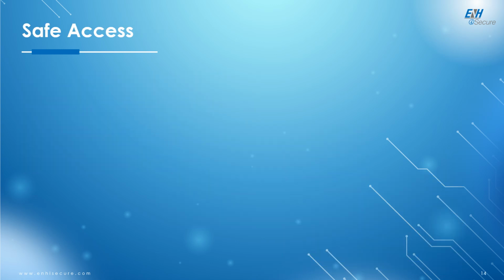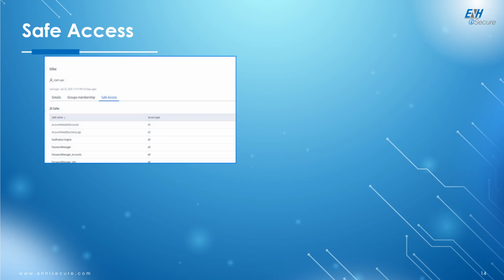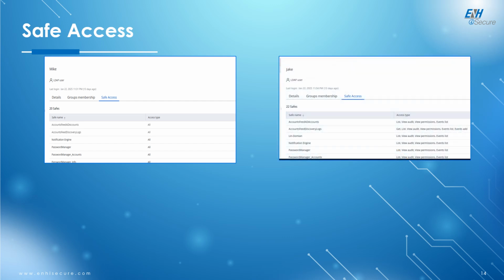Safe access. A user from a CyberArk Vault group has full permission, a complete control over all safes, including creating, modifying, and deleting safes, and managing all user permissions. A user from CyberArk Auditors group has read-only access, ability to view safe content and audit logs without making any changes.